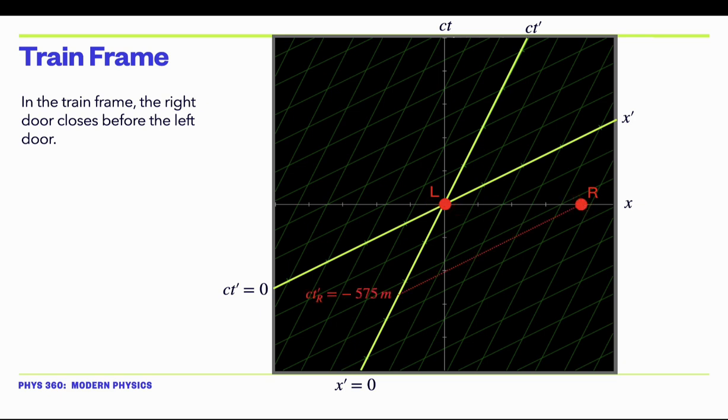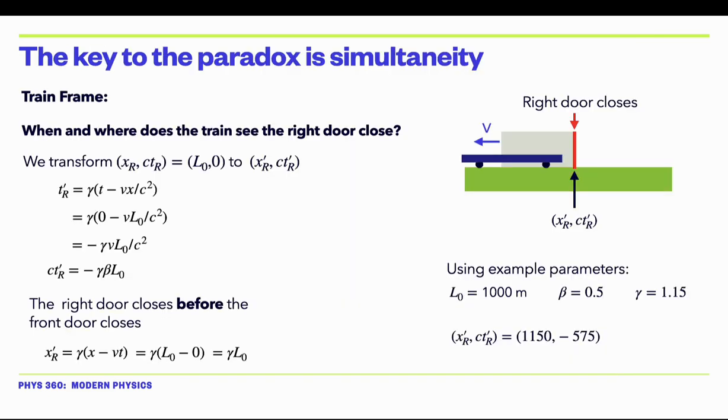To read off of our diagram what the CT value is of the right door closing as measured by the train, we just extend a line parallel to the x prime axis until it runs into the CT prime axis, and we just calculated it, that value is going to be minus 575 meters. So if we go back to this page, we see that CT prime was minus 575, and remember the x prime is going to be 1150.